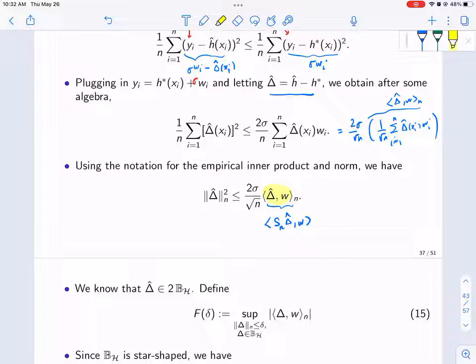So controlling this is difficult usually. The difficulty is that delta hat and W are dependent random variables.